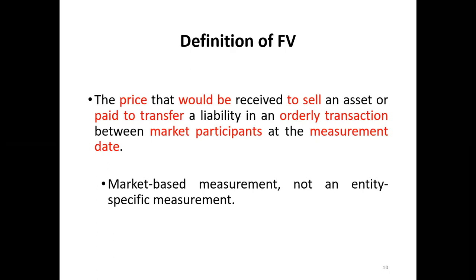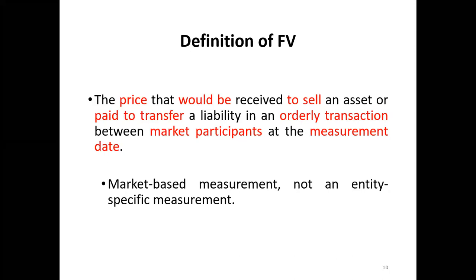So let's say that you are selling a piece of land. If you are to sell that particular land, usually you need to place an advertisement in the newspaper, or maybe a web advertisement, or maybe a TV commercial. So whatever it is, this orderly transaction means a transaction that assumes enough market exposure, because this is about a market transaction.